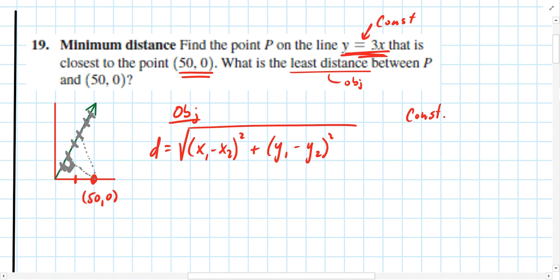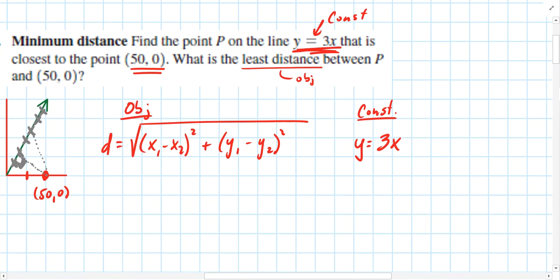Now the constraints we're dealing with are that, number one, the y coordinate, and we can call this y1 or y2, you'll see why in just a second, must be equal to 3 times the x coordinate. That's what the definition said.